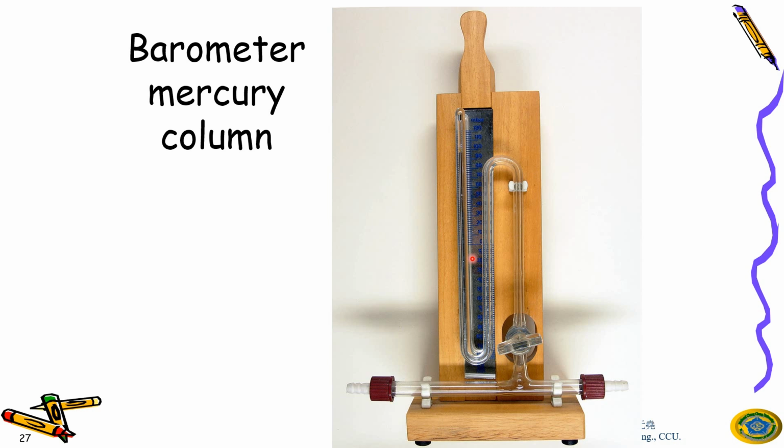When I was a PhD student, I needed to measure the pressure, and I needed to be very precise about the atmospheric pressure. So I had this in my laboratory. So every time I did the experiment, I needed to measure the atmospheric pressure first, because today it might be high atmospheric pressure, today it might be low, but generally it's about 1, right?